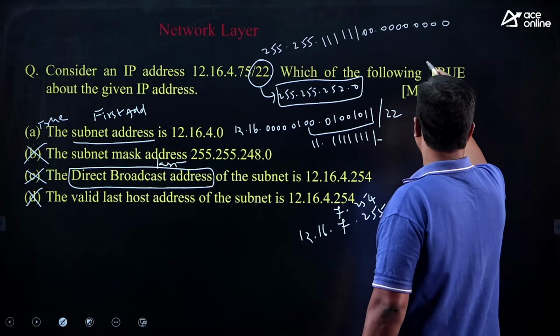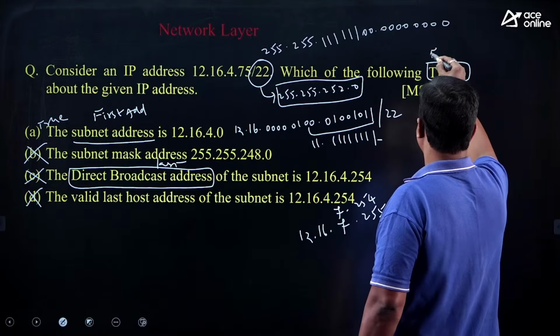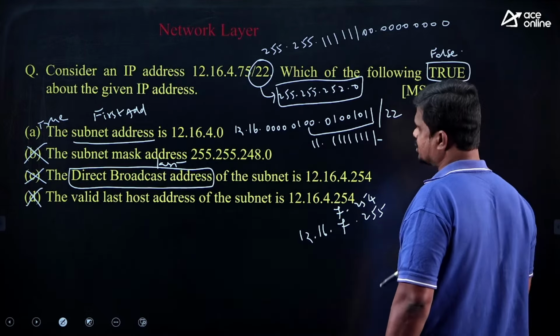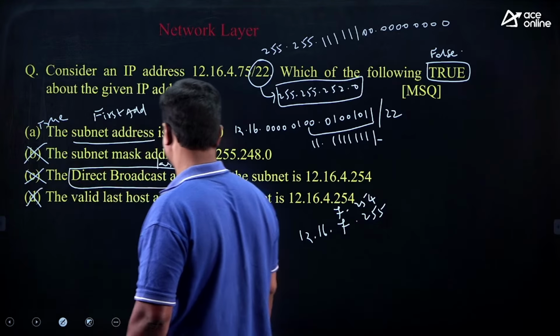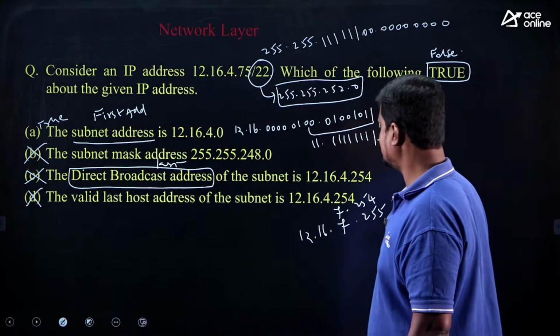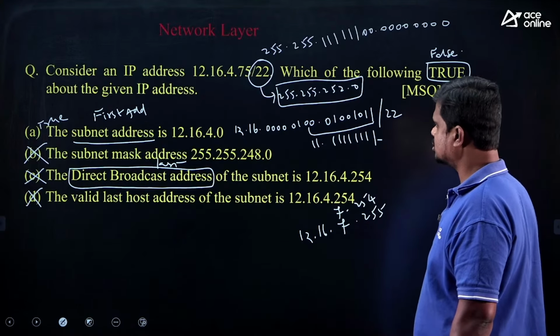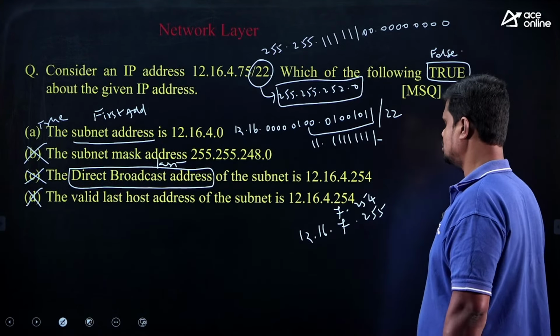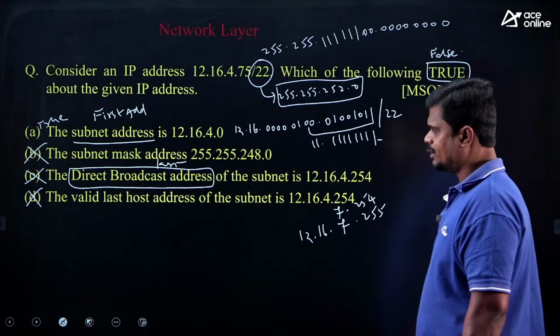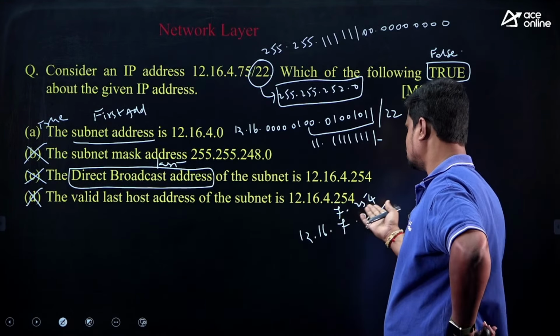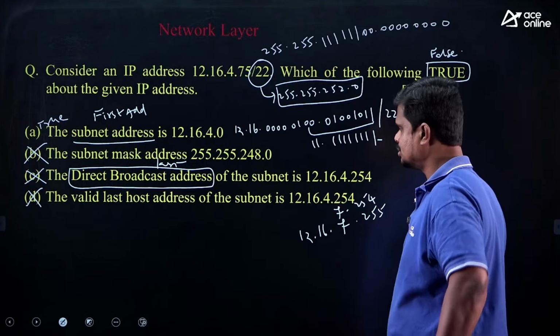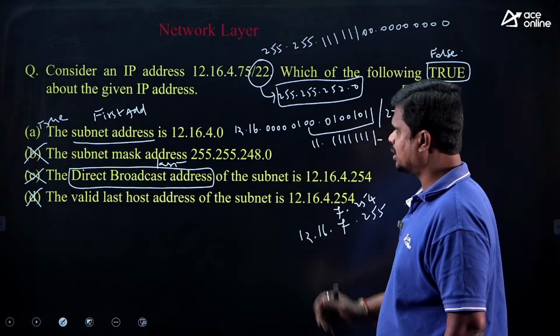So consider this statement as false. Then for the MSQ, BCD is the answer. These three are false here. The direct broadcast address of the subnet is 12.16.7.255, but not 4.254. And the valid last host address of the subnet is 7.254. Okay. So BCD is the answer.